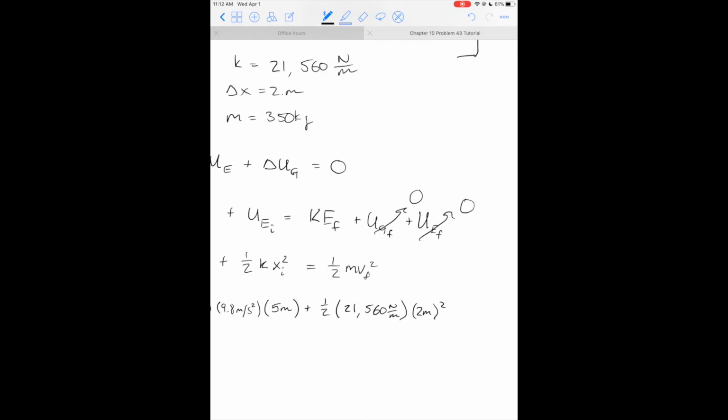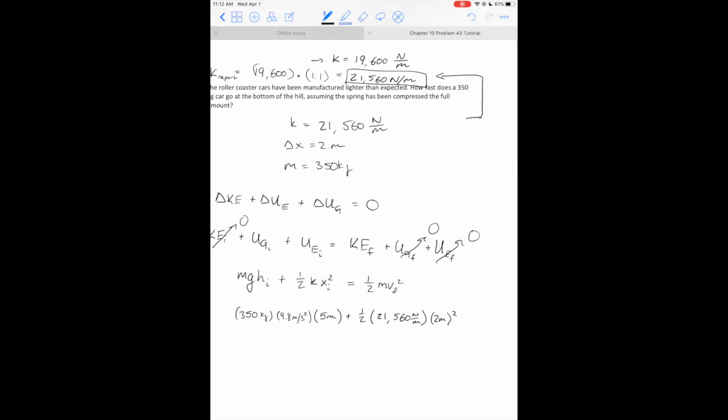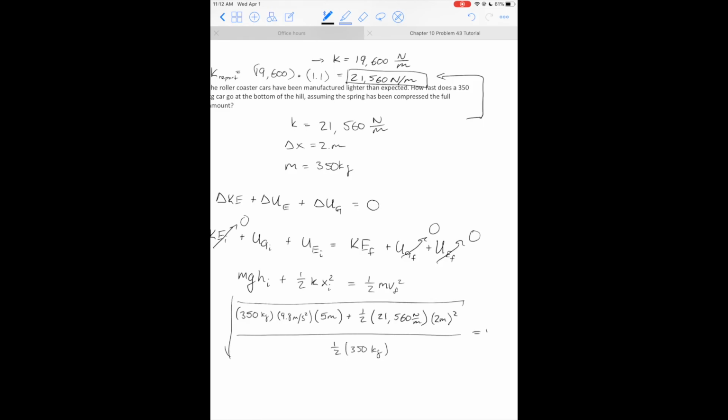And we're trying to find our velocity here. So let's divide that by half the mass, 1/2 times 350 kilograms. And then, of course, we'll need to square root the whole thing to get our final velocity.